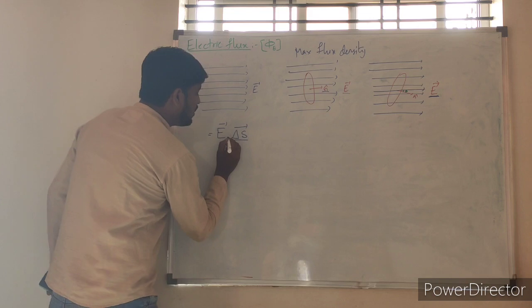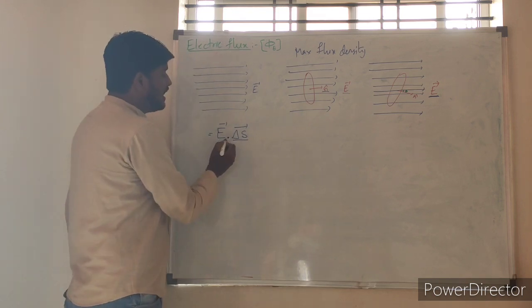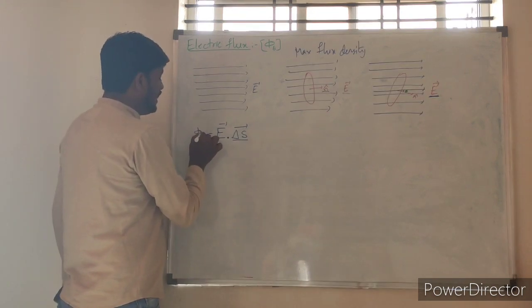That means it purely depends on the dot product. You can write here E dot delta S will give you the electric flux.